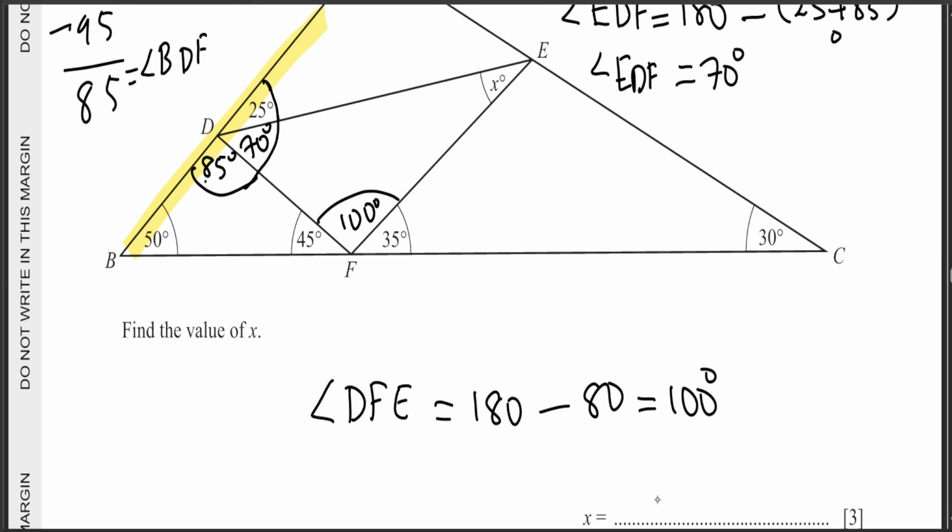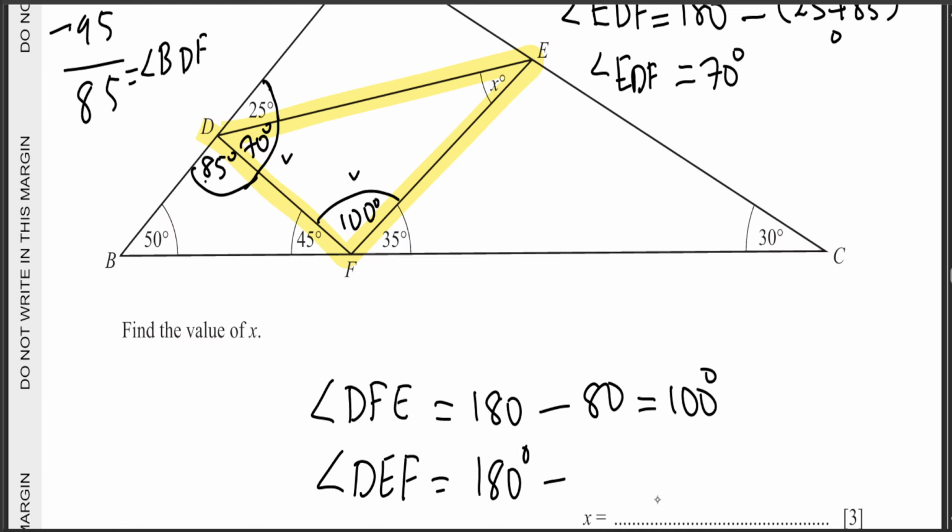Okay. Now we have another triangle which looks like this. This is a triangle. So if you want to find x now, or if you want to find that angle, which is angle DEF, you normally do 180 minus the sum of these two angles.